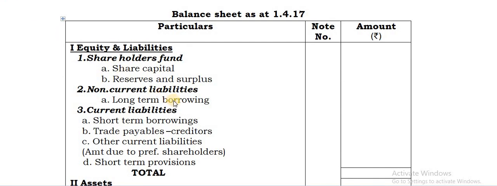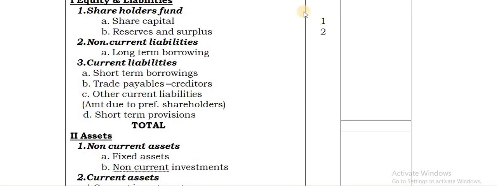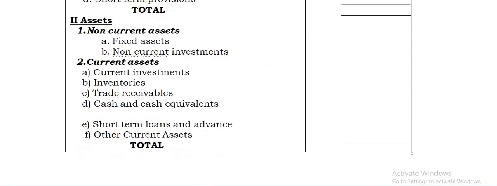So after completion of the format, you can give these two as note 1 and note 2. That is the share capital and reserves and surplus. So after giving this as note number 1 and 2, you can proceed for preparing the same.